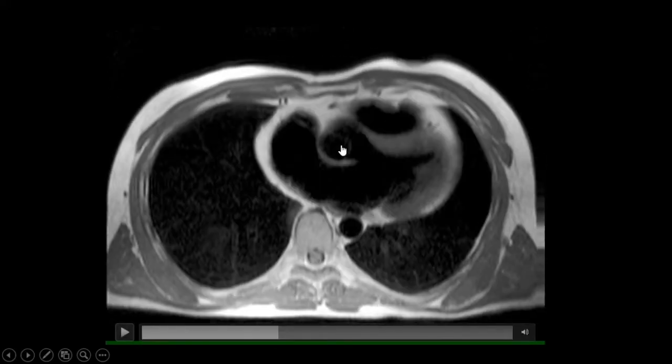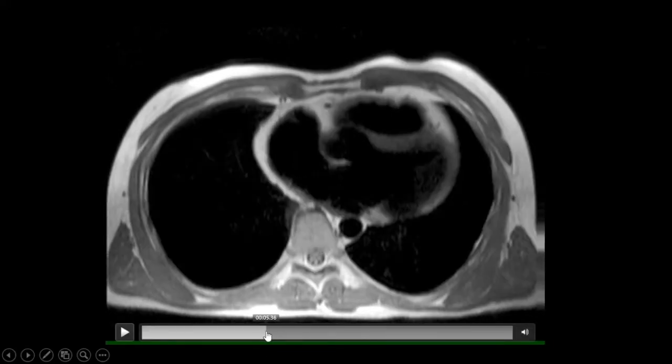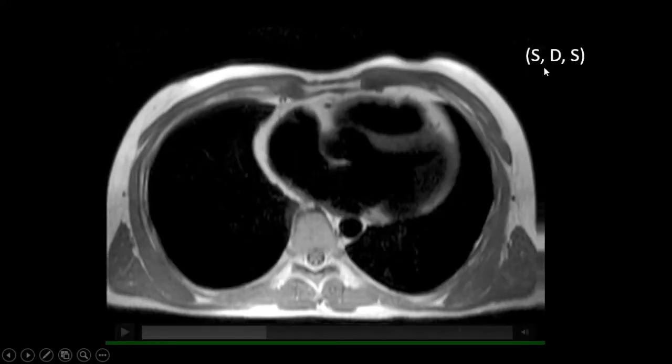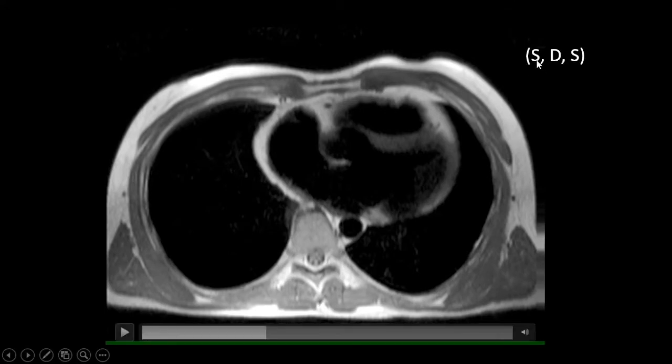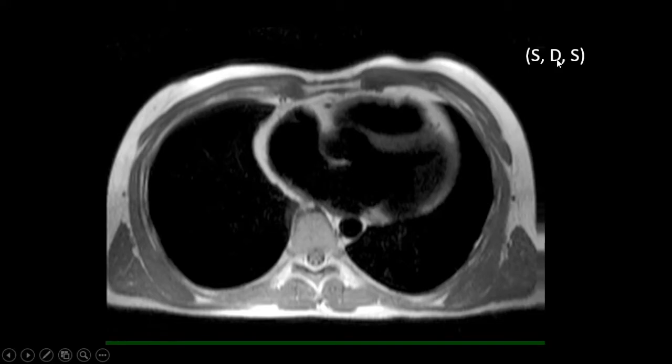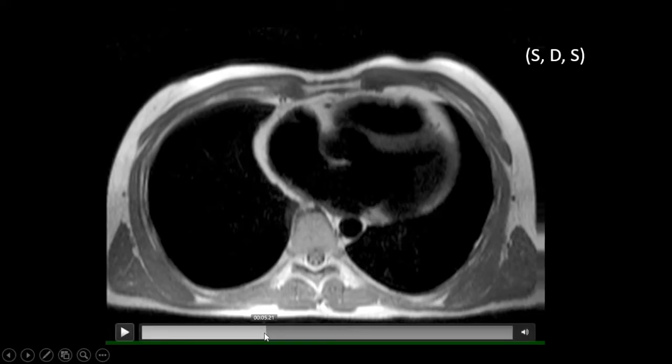The aorta is to the right and posterior, solitus position of great arteries. This is how it is notated: SDS, situs solitus, D loop of ventricles, solitus position of great arteries.